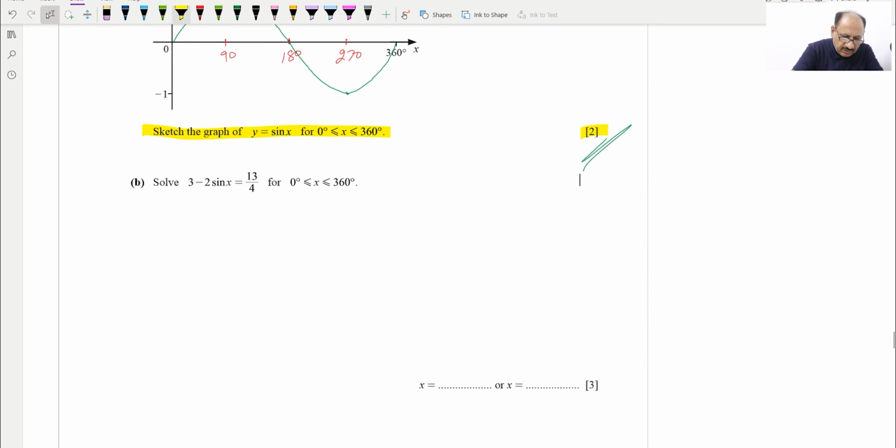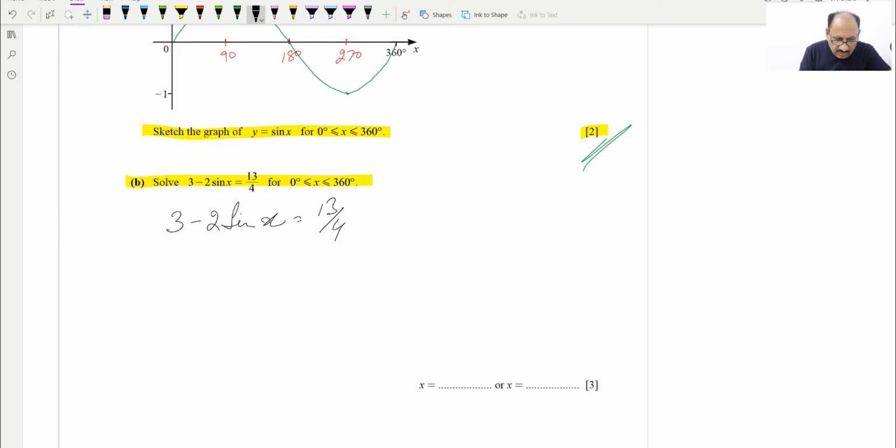Now for the B part, they are saying solve this equation from 0 to 360 degrees. These types of questions are very easy. If you know the concept, you can easily solve them. So our equation is 3 minus 2 sine x is equal to 13 by 4.